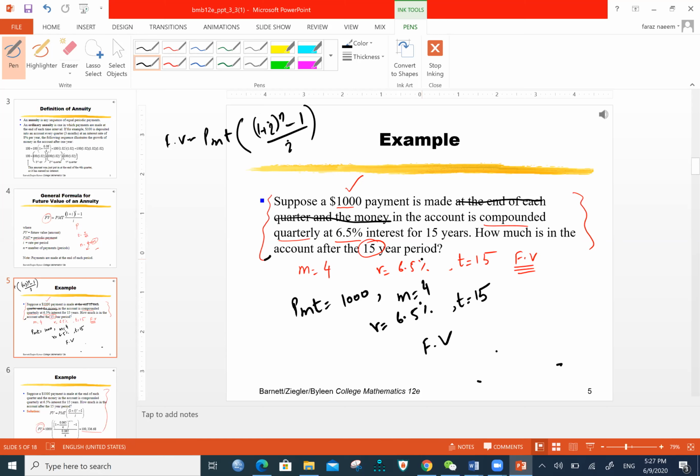Can you please say it again? You can just remove that portion which I just crossed. Oh, okay. Now tell me, is it still a problem of annuity?